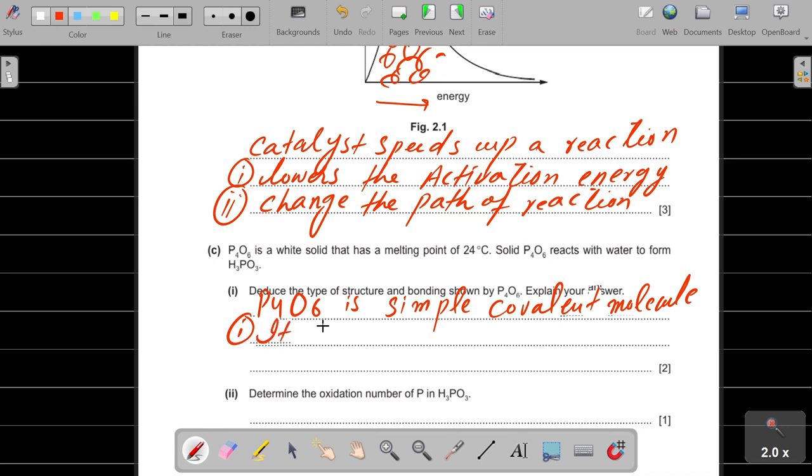It has a low melting point, okay. The second point is it reacts with water and makes phosphorous acid, so you can say it is easy to hydrolyze, okay.